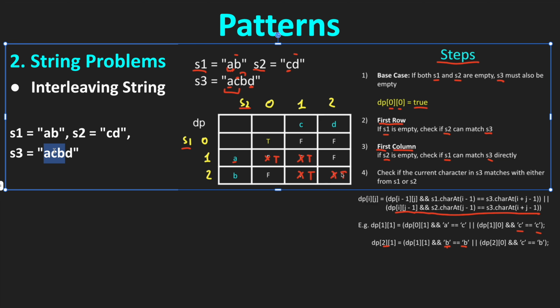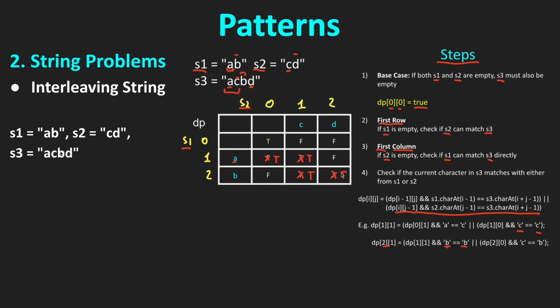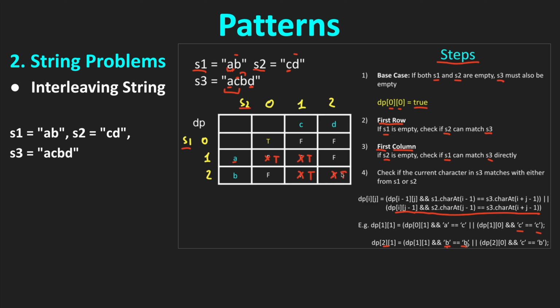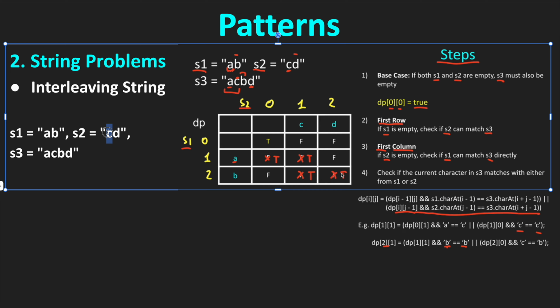For the 2 and 1, we are comparing whether B is equal to B, or B is equal to C. B is equal to B, this B is equal to B. For this one to make sense, let me revert it back, A and C should be true.